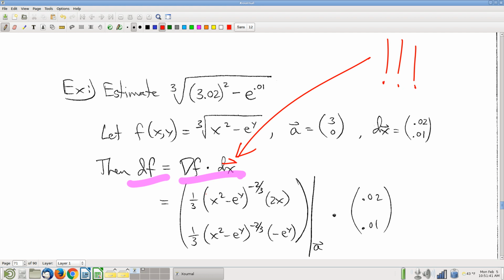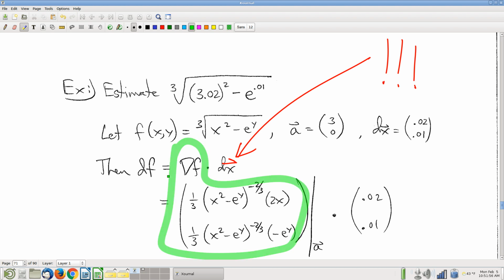And everything in sight is just a matter of computing. Of course, I've arranged this example to be computationally convenient. So the gradient is just made up of a bunch of partial derivatives, and partial derivatives are easy to compute. I'll let you take those partials. Make sure you can do that.